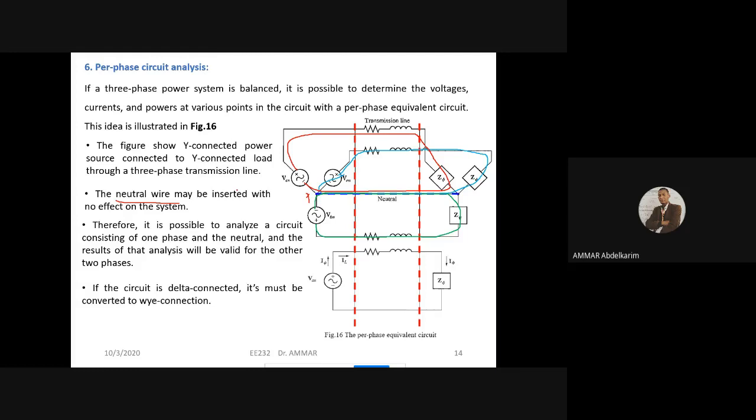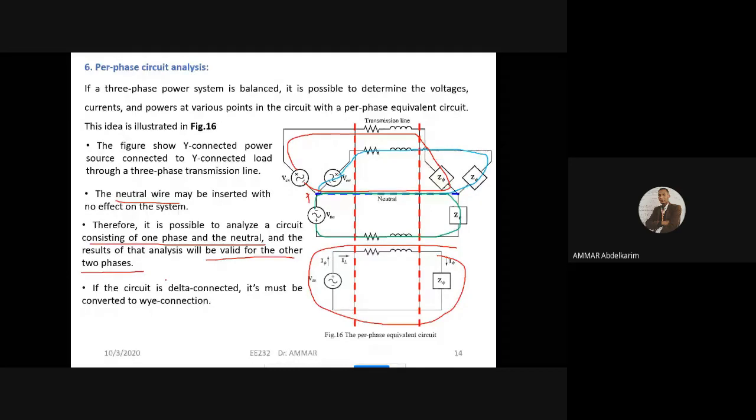So here we can take a single phase. It is possible to analyze a circuit consisting of one phase and the neutral, and the result of the analysis will be valid for the other two phases. So we work with a single phase.